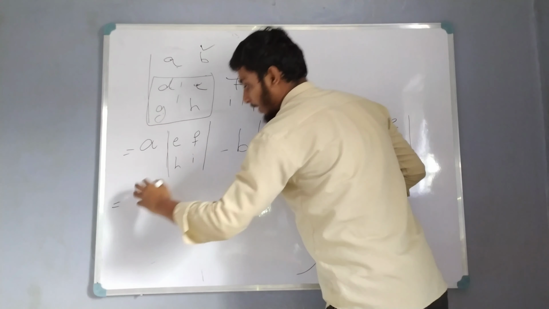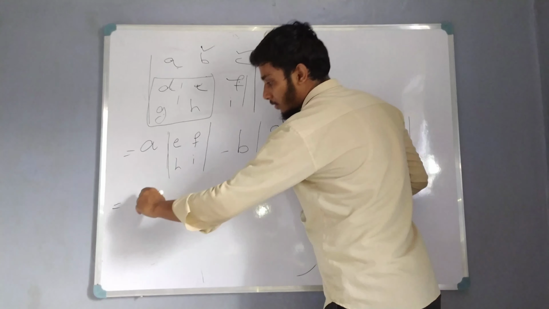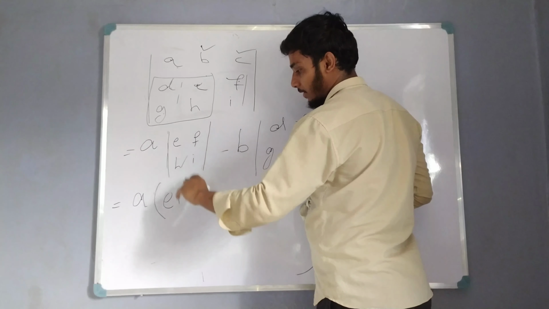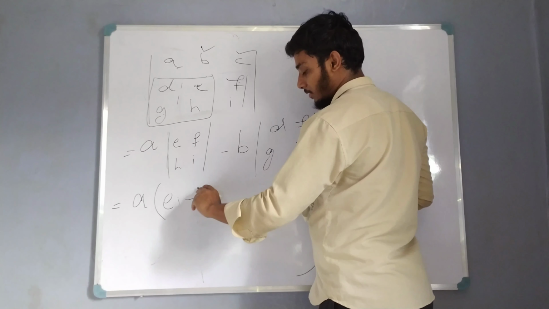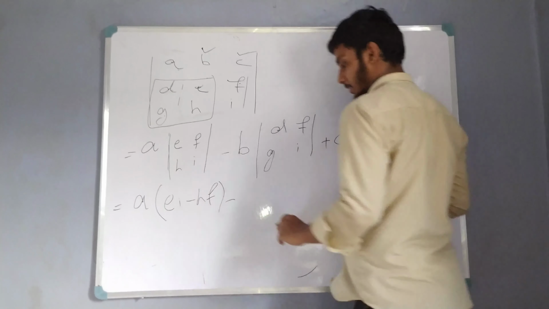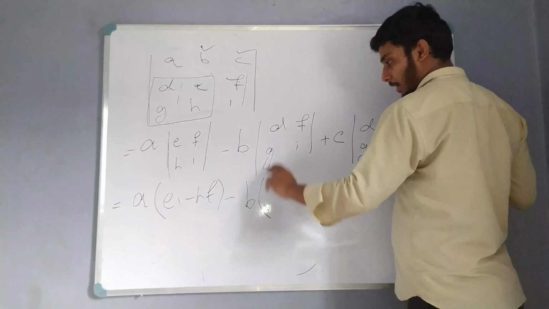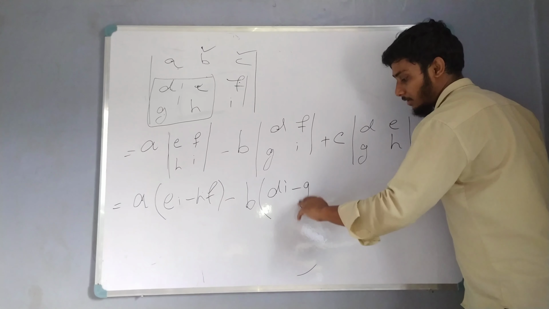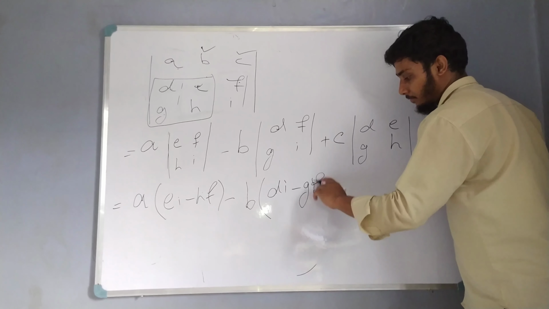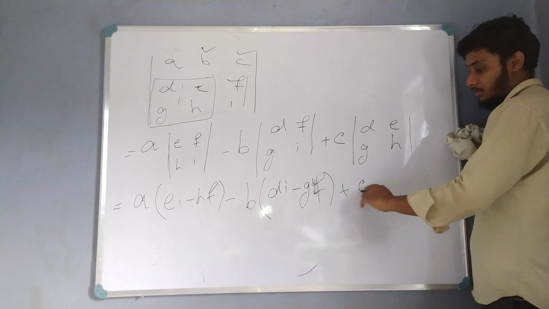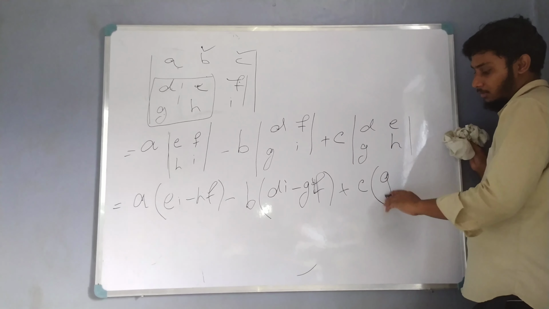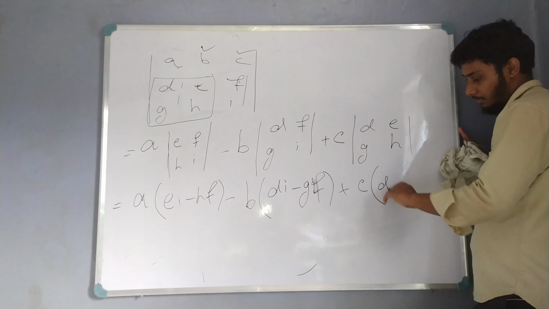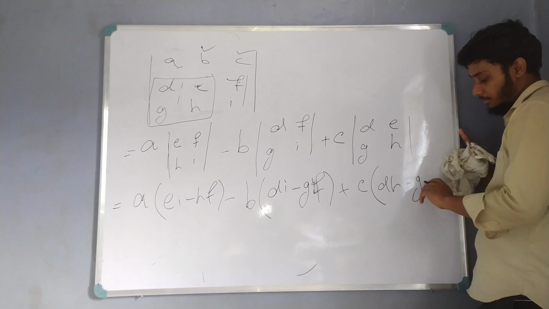Now you already know how to expand a second order determinant. So you can expand this: EI minus HF, minus B, and then expand this: DI minus FG, plus C, and you have to do DH minus GE.